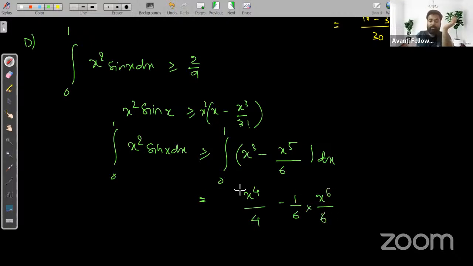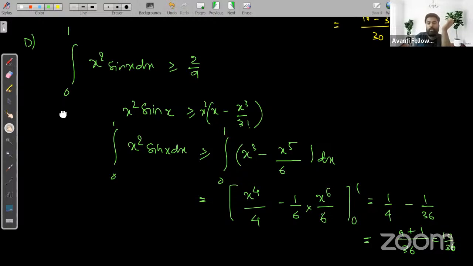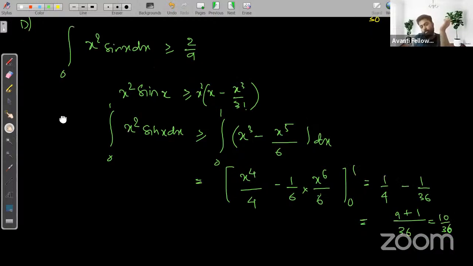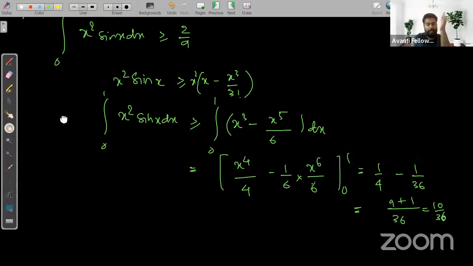If we put the limits here, we get 1 by 4 minus, this is x to the power 5, okay, we get 1 by 36. So 36 is your LCM, 9 minus 1, and in the answer we get 8 by 36, which is equal to 2 by 9.